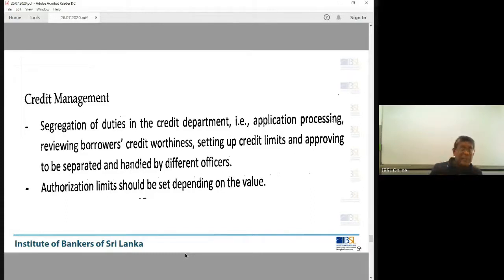Okay, second one. Then you look at the credit management, the segregation of duties in the credit department. Say for an example, a customer comes to a bank to get a loan. One person does not handle the entire loan. Different people are handling different parts.